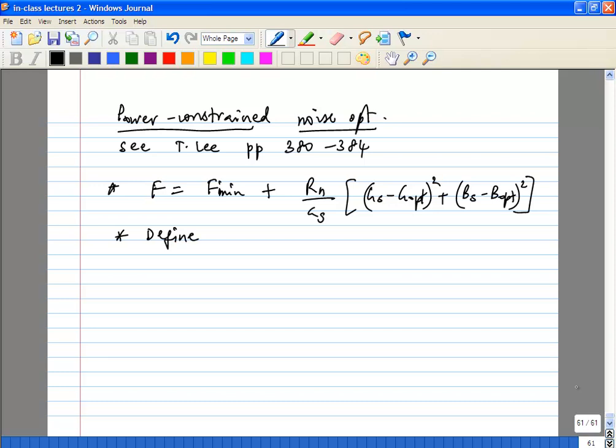Then we define what is called Q opt, which happens to be G opt over omega CGS, and you can show that this is alpha times delta over phi gamma.